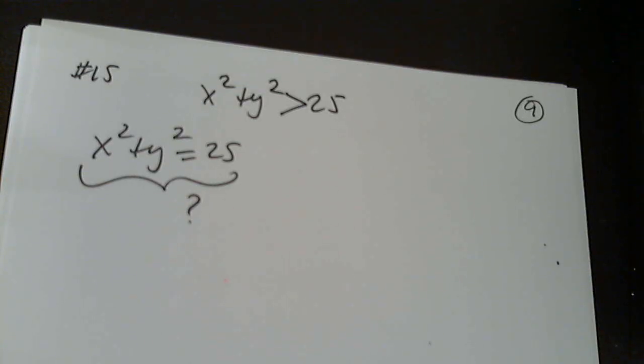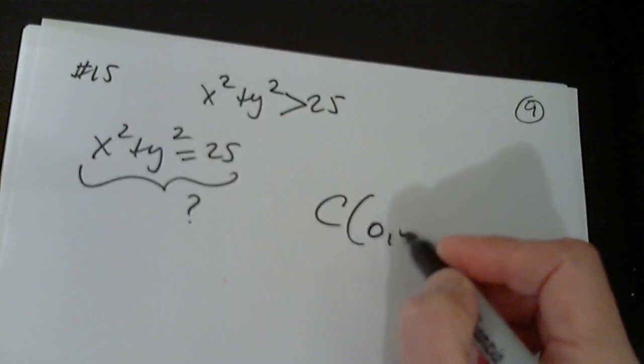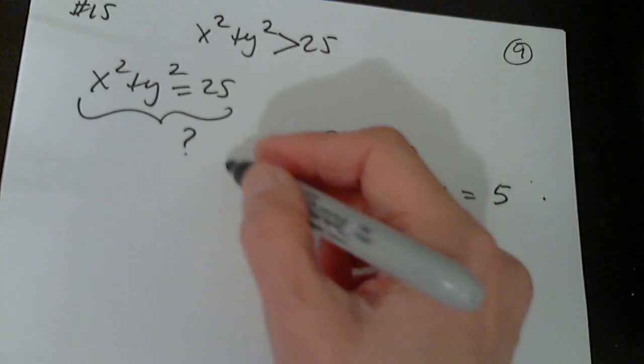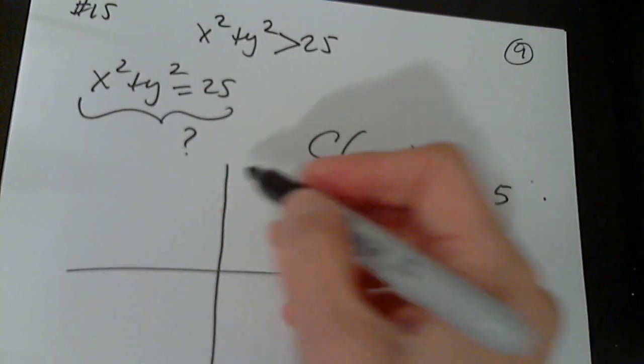And even on the previous test, not this test 4, but previous, we graphed this. What is it? Anyone remembers? Anyone? It's a circle centered at the origin. And can anyone tell us the radius? 5. Indeed. Good.